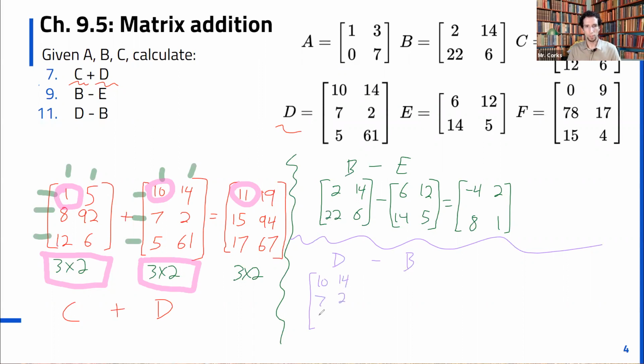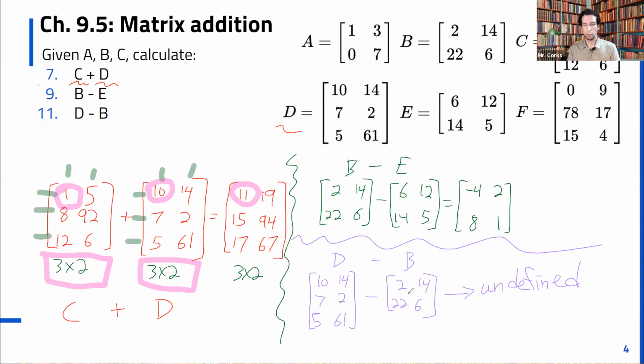So we have different dimensions, so we cannot subtract them. D minus, let's write this up here, 2, 14, 22, and 6. This is undefined. So that's our result. This is an undefined operation.